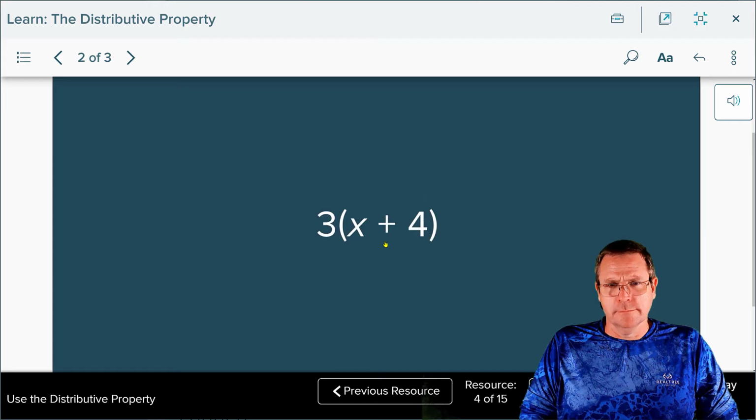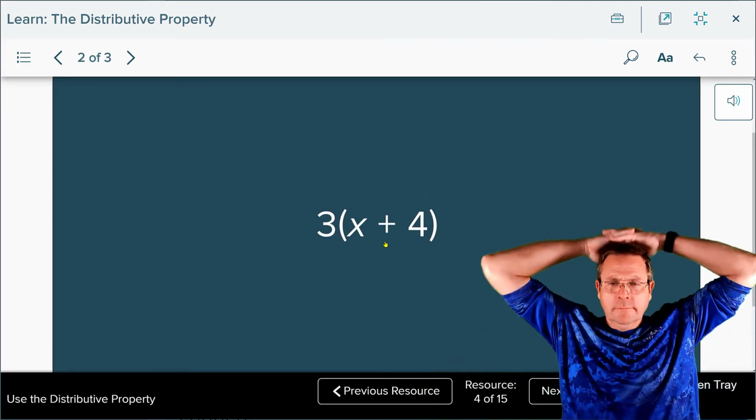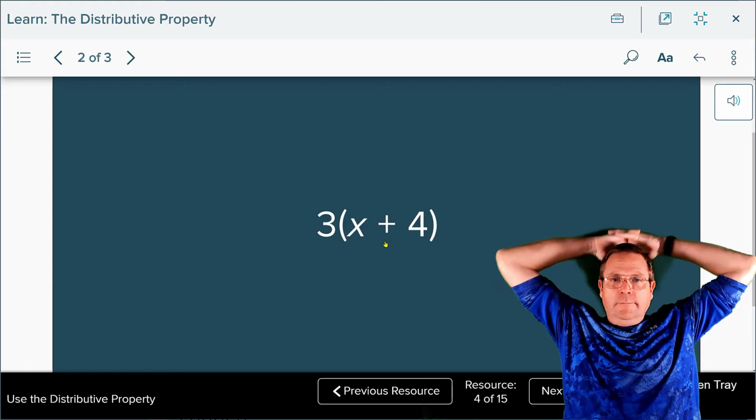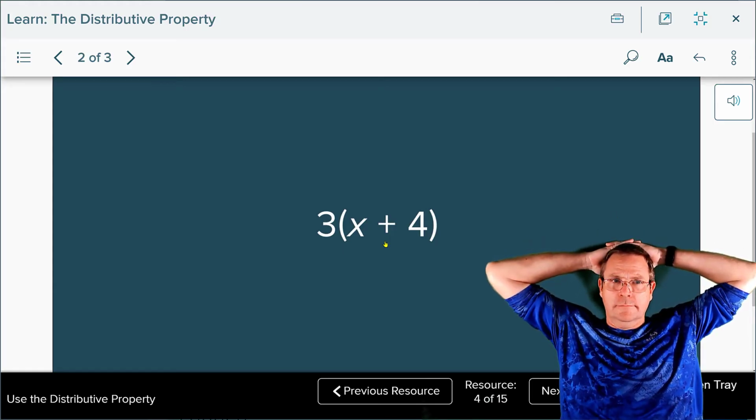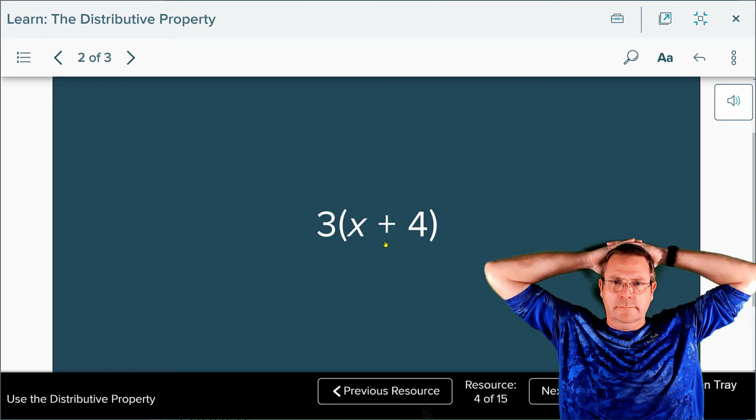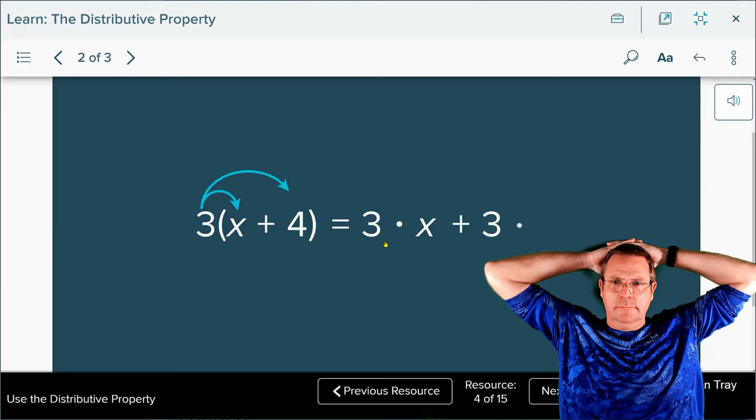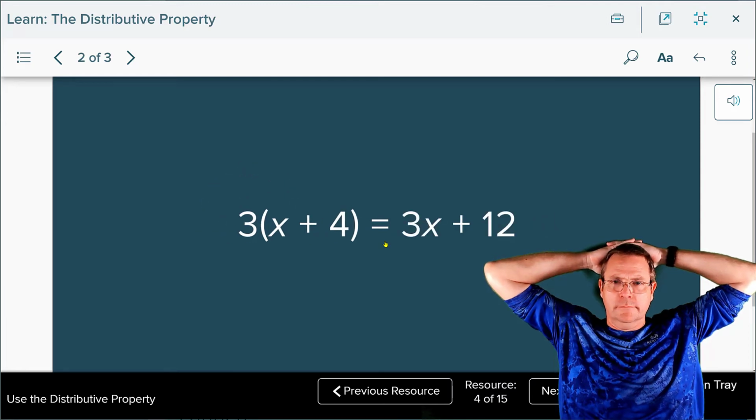Finally, consider the expression 3 times the quantity x plus 4. To apply the distributive property, multiply each term inside the parentheses by 3. 3 times x plus 3 times 4. The expression can be written as 3x plus 12.